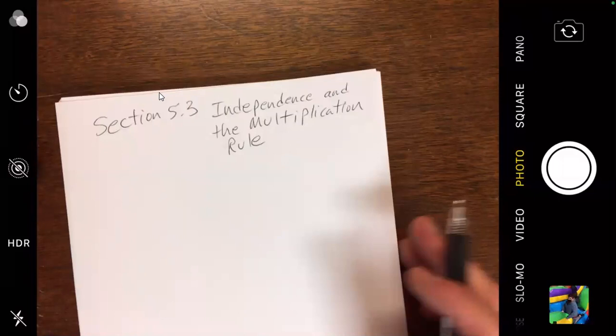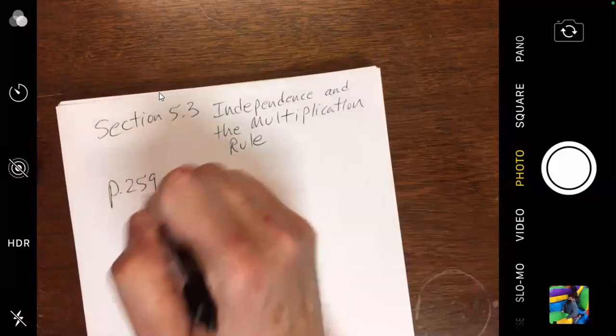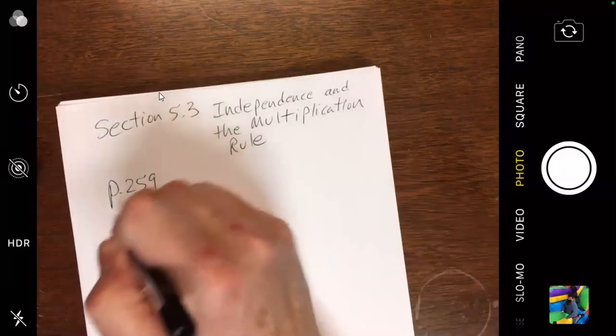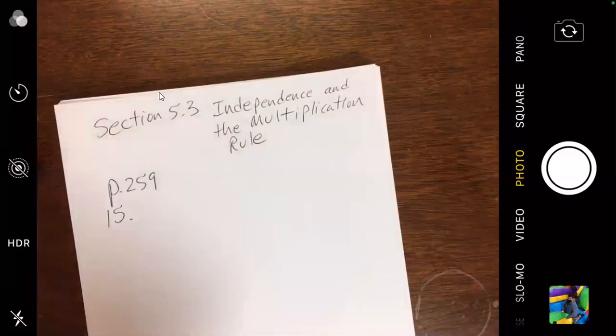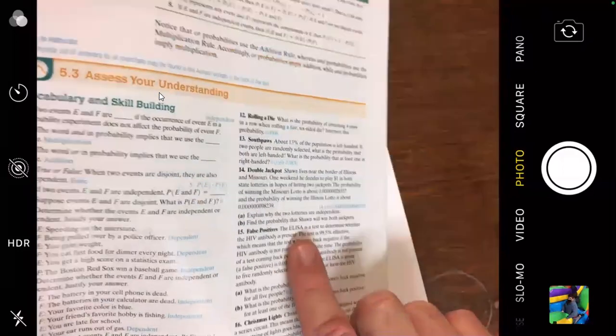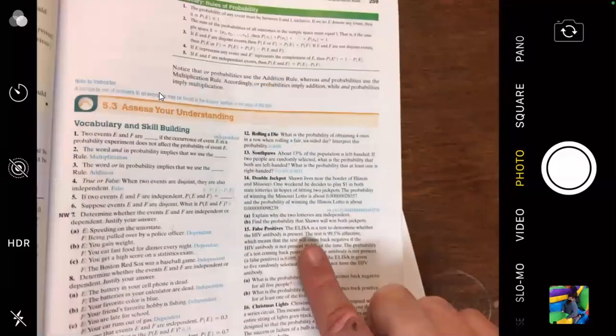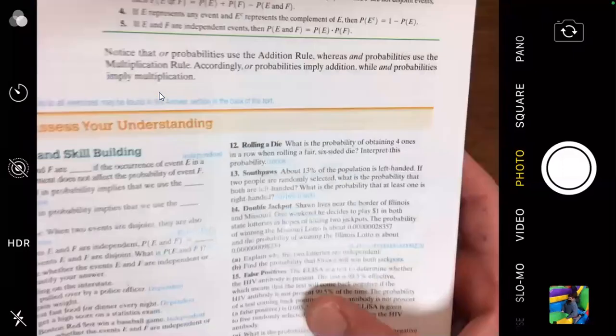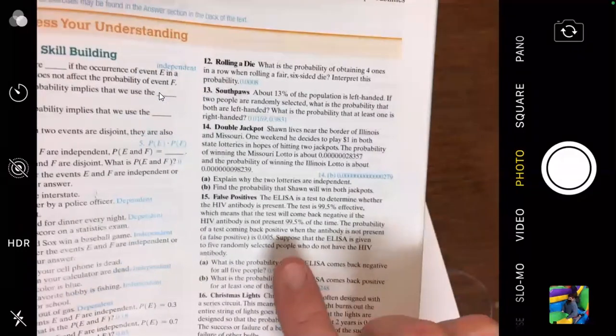I guess I'll charge into page 259, then number, say, 15. It's tough to write all this down, it's a lot of words. But they're talking about, I can call it the ELISA test. It's a test to determine whether HIV antibody is present, in other words, if someone has HIV or AIDS.